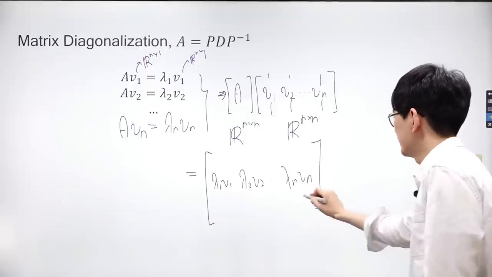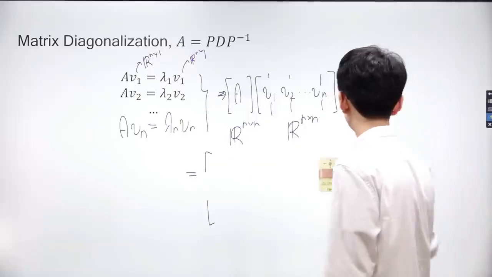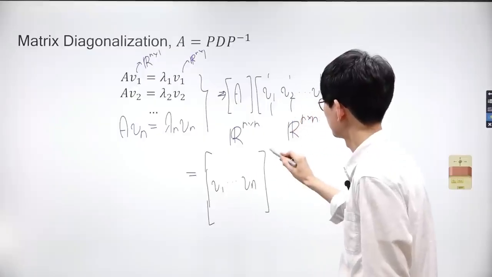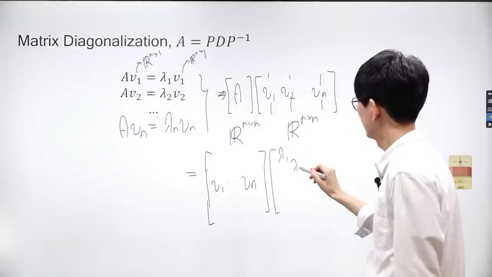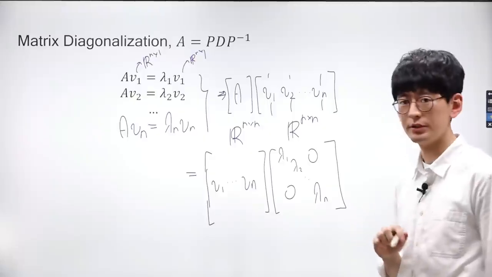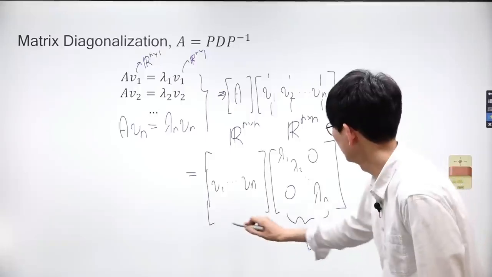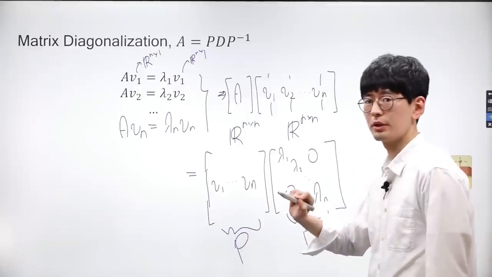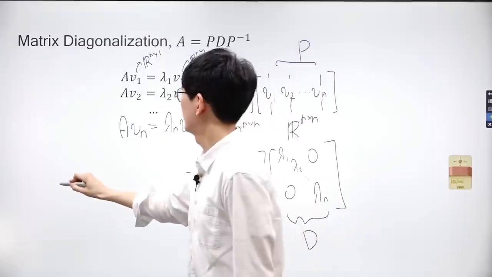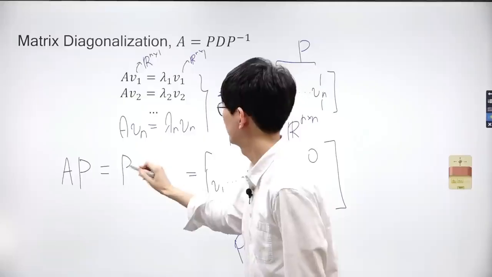We can also express this matrix as the product of a matrix of eigenvectors and a diagonal matrix, where the diagonal elements are the eigenvalues. Let's denote the second matrix as D and the first matrix as P. Then, the matrix above here is also P. We can now simplify the equation with symbols as AP equals PD.